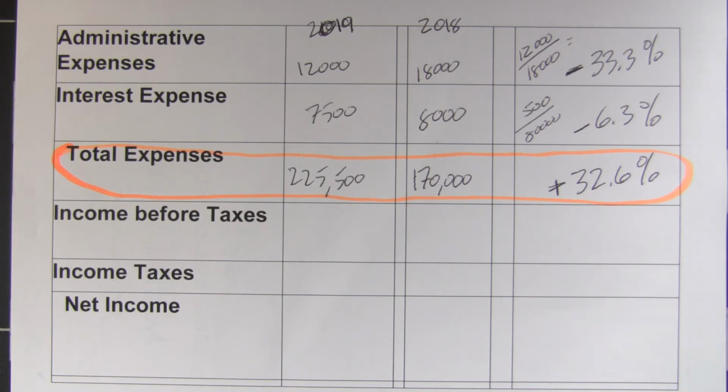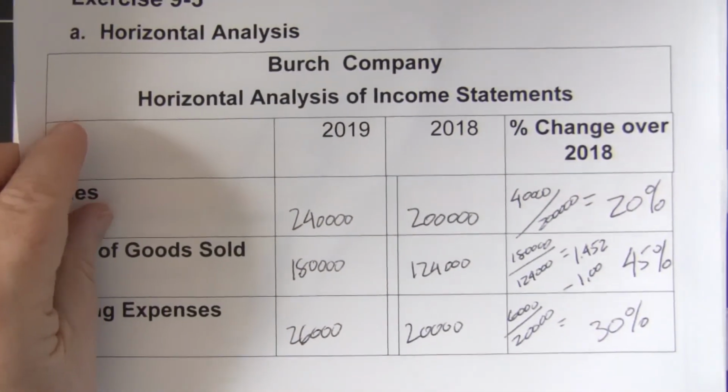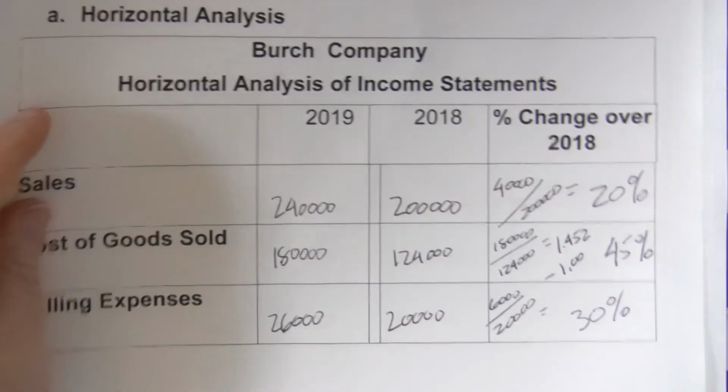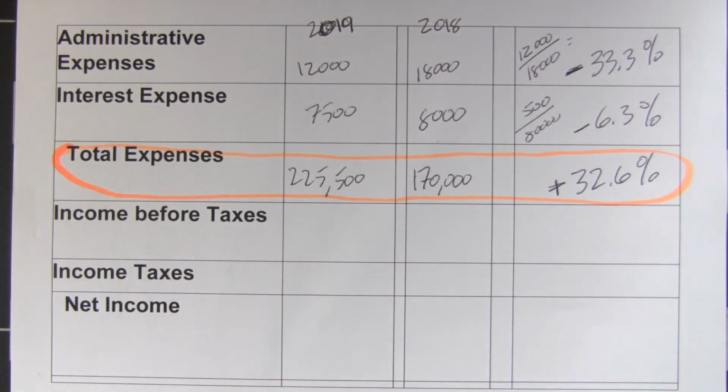And it may not necessarily be a happy chat. You're going to say, fellas, ladies, our sales are up 20%. That's the good news. The bad news is our total expenses are up 32%. Tell me why. That's a management number.